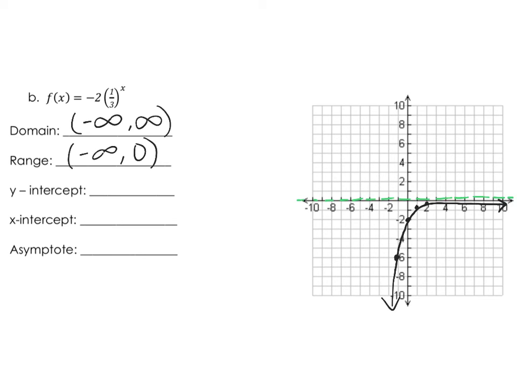Then it looks like we have a y-intercept at (0, -2). Our x-intercept, we don't have any, we would say none. And then our asymptote was y equals, and we were getting very, very close to 0, but never touching.